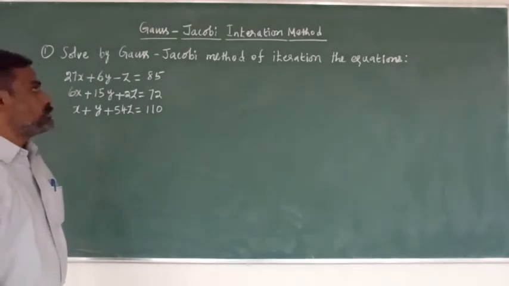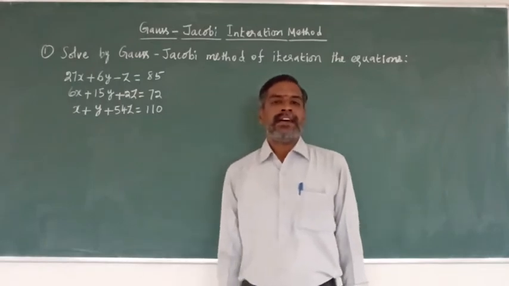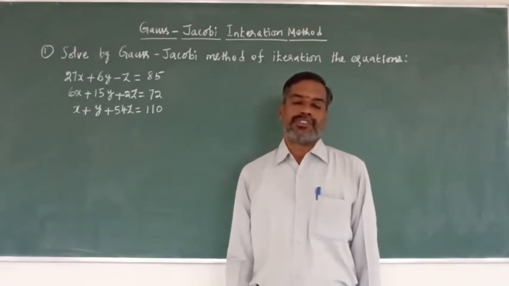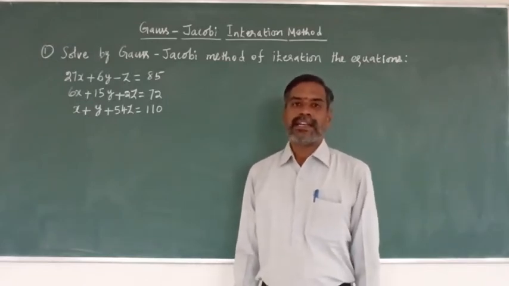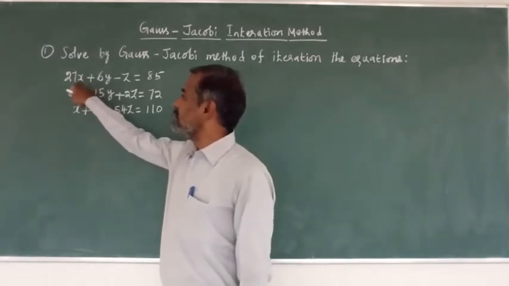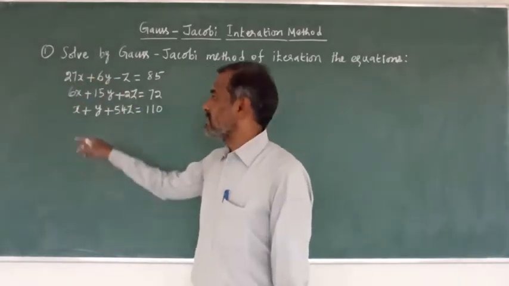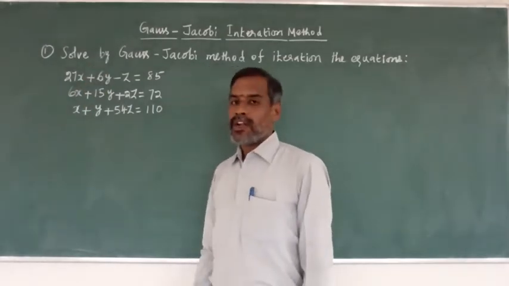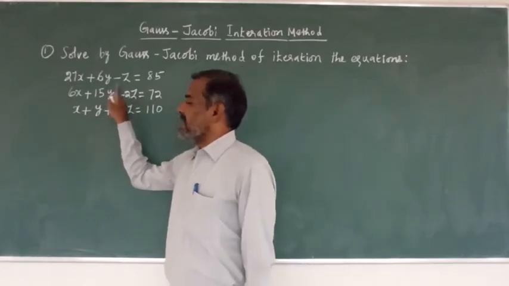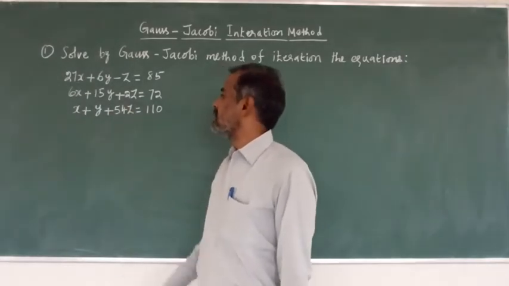In the Gauss-Jacobi iteration method, first we have to check whether the coefficients of the diagonal terms are large. In equation 1, the x coefficient should be large compared to the others. Here x is large. In the second equation, the y coefficient should be large compared to x and z.